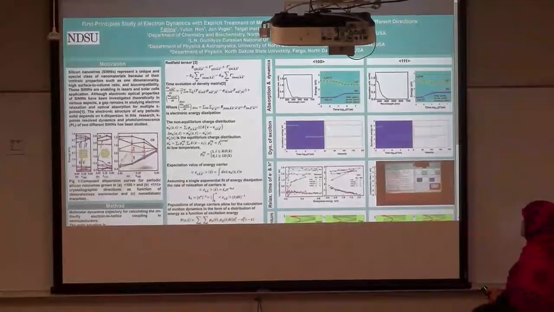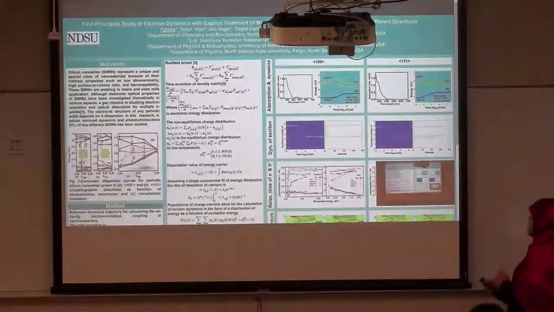And this is the time integrated emission spectra, but the time resolved emission spectra is missing here. So this calculation is not complete yet, and something needs to be fixed here.